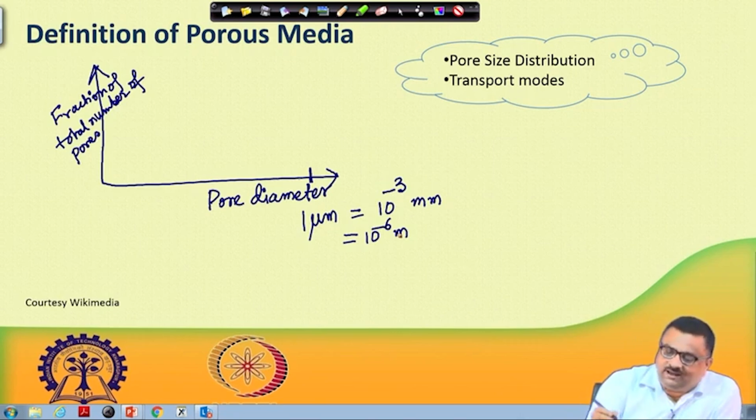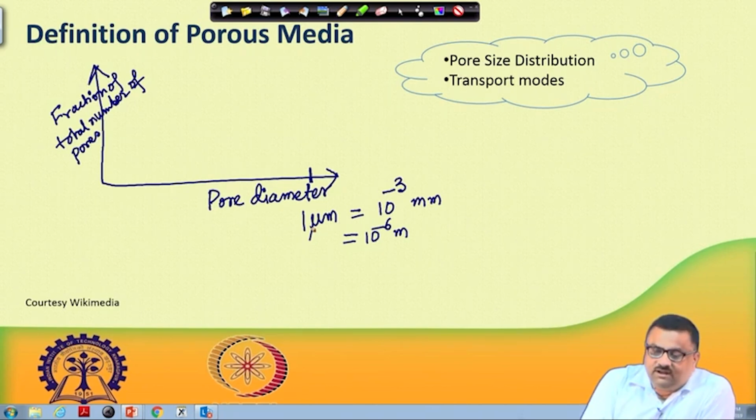So, one can have pores of these dimensions, one can have pores in the nanometer range, one can have pores even less. So, in this case, you can define the porous medium depending on what type of pores are dominating in this.